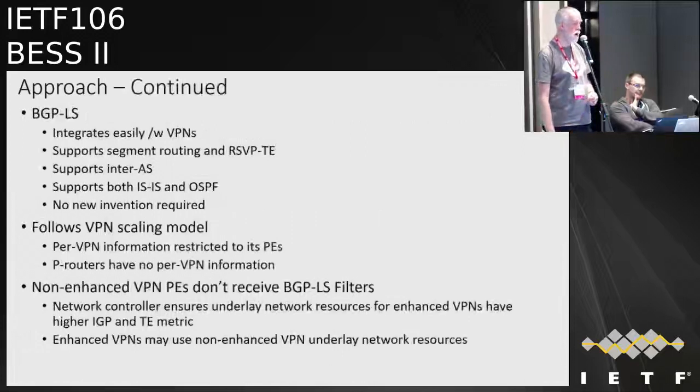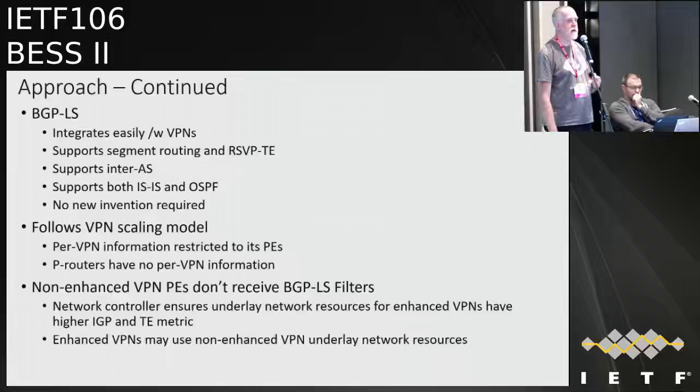So we think the BGP-LS filter integrates really easily with the existing VPN support, and that's what we really want, because we want to move incrementally from existing VPNs into enhanced VPNs. We want to be able to support inter-AS, we want to support the IGPs, and don't want to have to do significant new invention, I think largely because we're lazy.